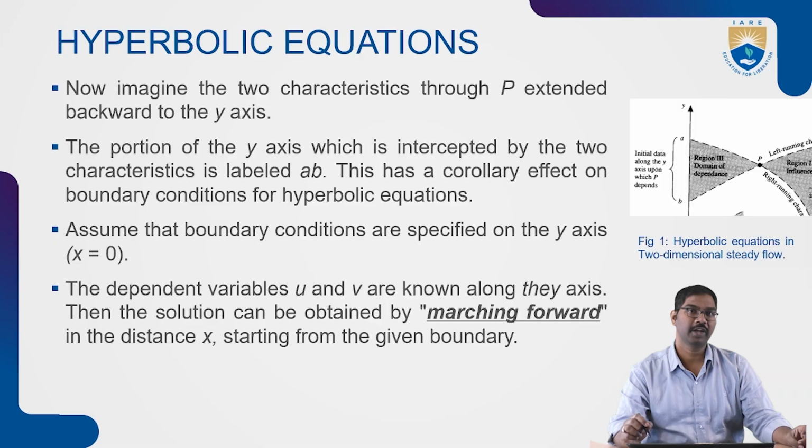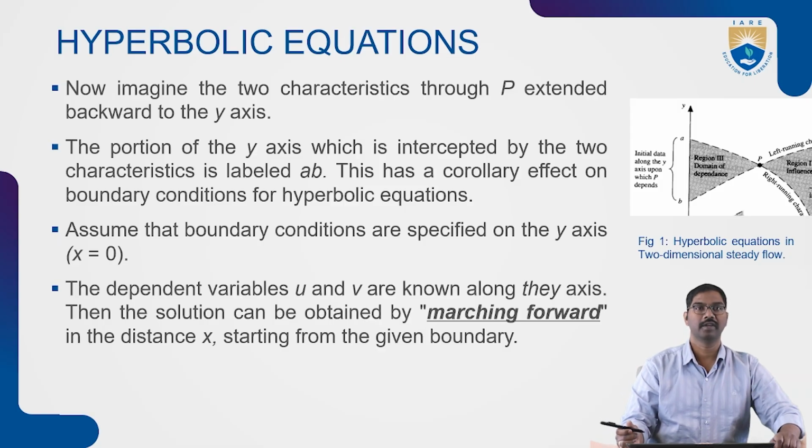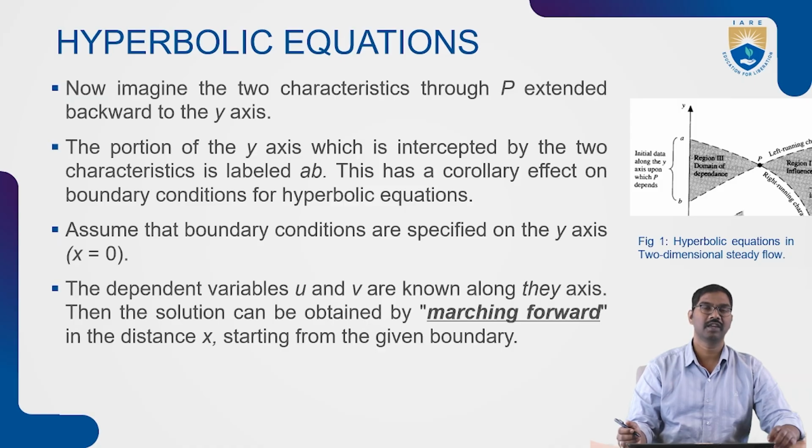When the dependent variables u and v, the unknowns in the equations, are defined at the y-axis, the solution can be obtained by marching forward in the distance x, starting from the given boundary conditions. In that way, the hyperbolic form of equations is solved by marching forward, which we call marching solutions, and a single boundary condition is enough.